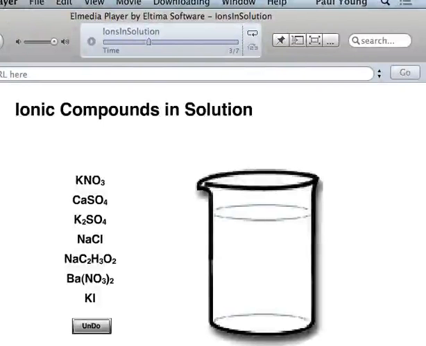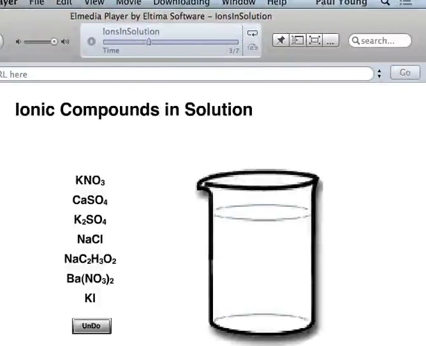This is a cute little thing that I wrote a few years ago. What this is supposed to be is a beaker filled with water, and we have a bunch of salts here. And what we're going to do is put our salt in the water, and we're going to see what happens.